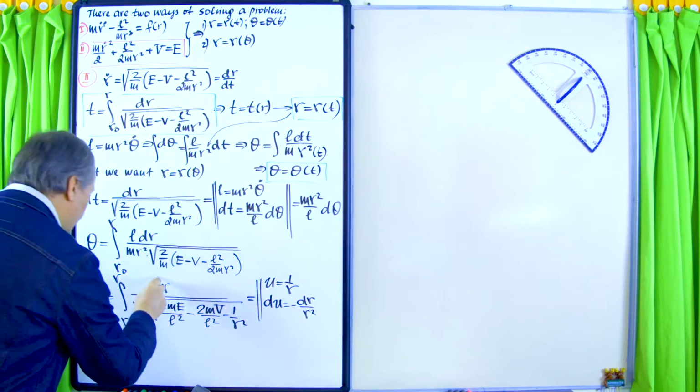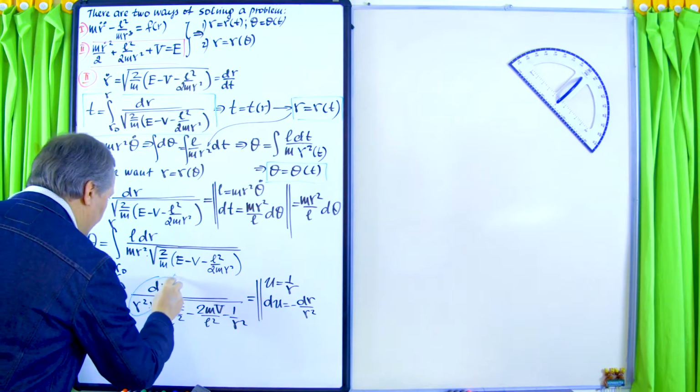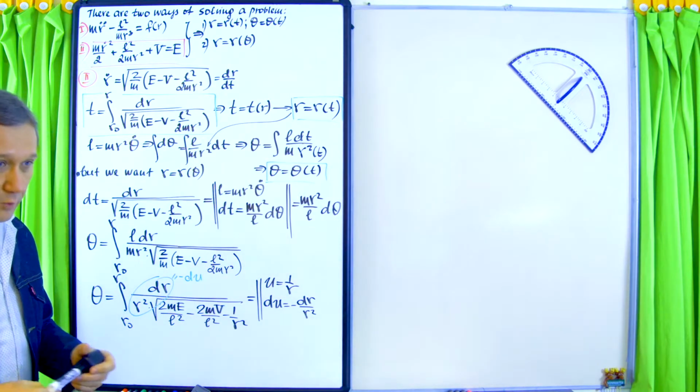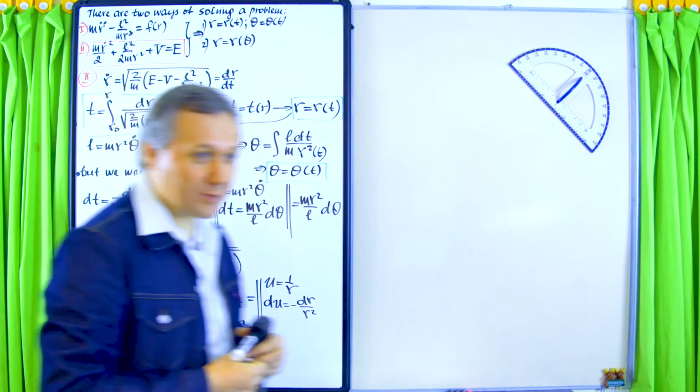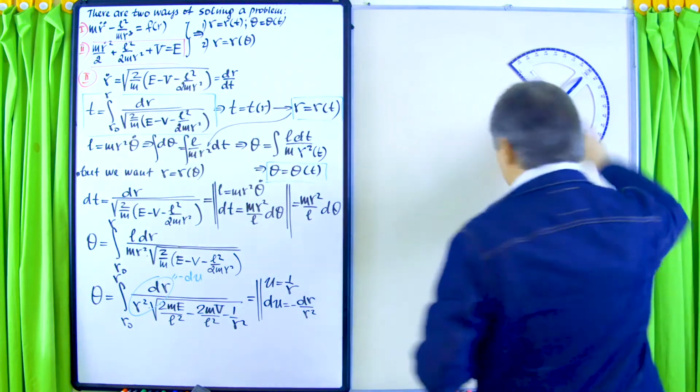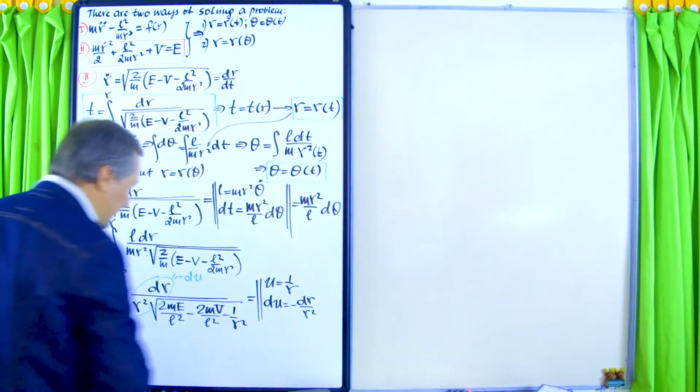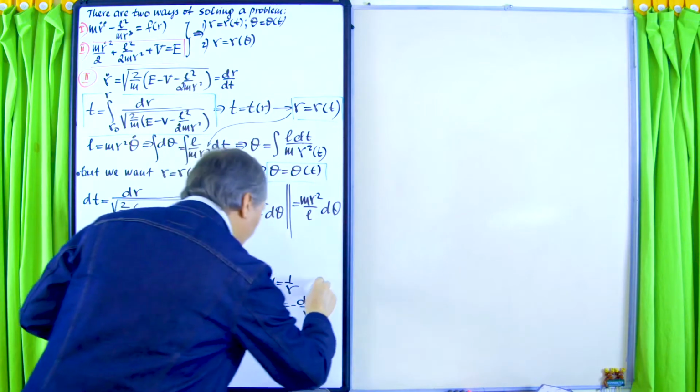Basically, this construction is equal to minus du. So this substitution allows us to get rid of that r squared, which spoils an otherwise nice picture. Probably I can squeeze it still downstairs, I mean here, below.